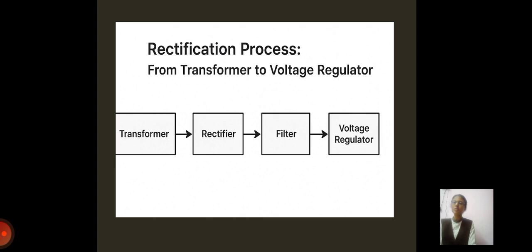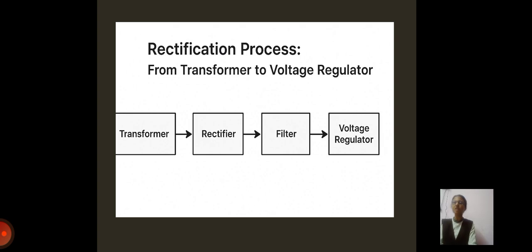This direct current is passed to the filter. The filter smooths the output and passes it to the voltage regulator. The voltage regulator stabilizes the voltage. Step by step, we get clean and efficient power delivery. So the first key stage is the transformer, second is the rectifier, third is the filter, and fourth is the voltage regulator.